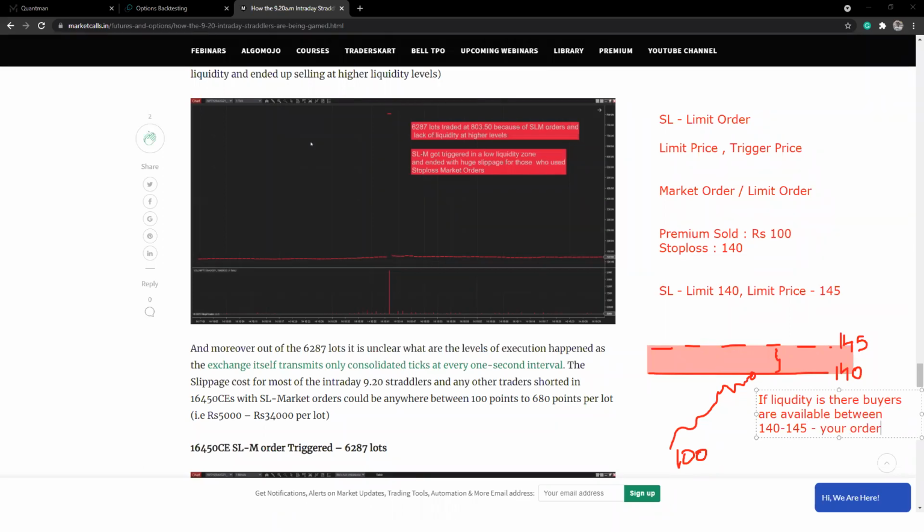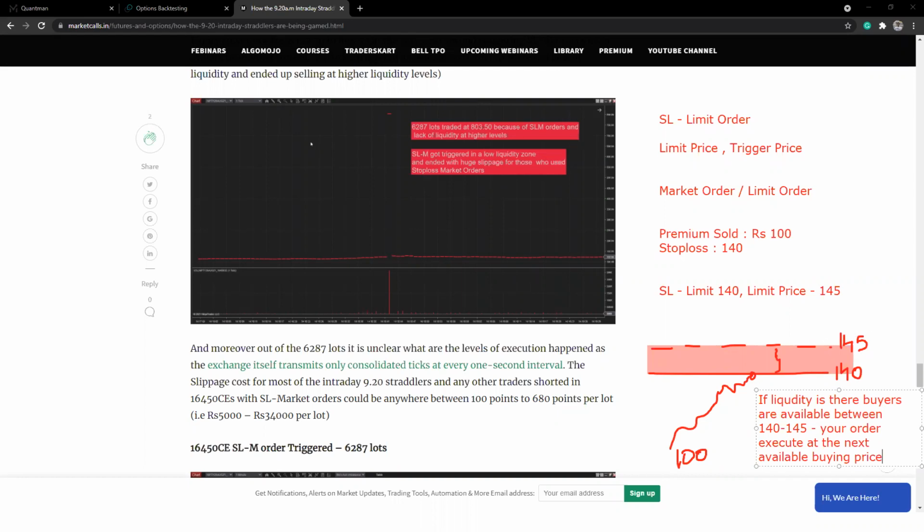Your order executes at the next available buying price. That means your order can execute at 141, 142, 143, 144, or 144.95, or even 145 itself. But this is if liquidity is there.